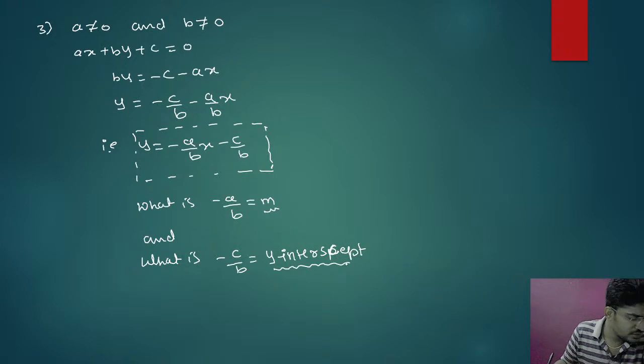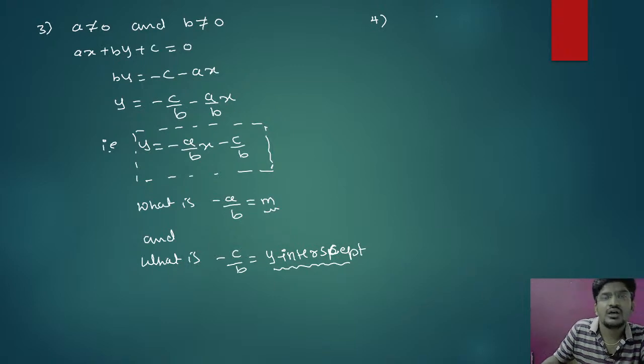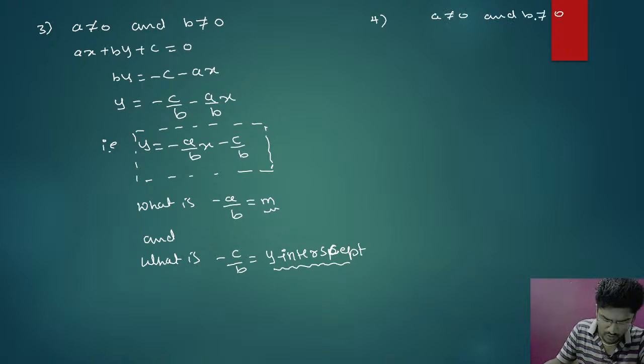Clear? Okay. So now in the same way you can see the fourth one, that is if A is not equal to 0 and B is not equal to 0, what are we going to write? See here, AX plus BY plus C equal to 0.